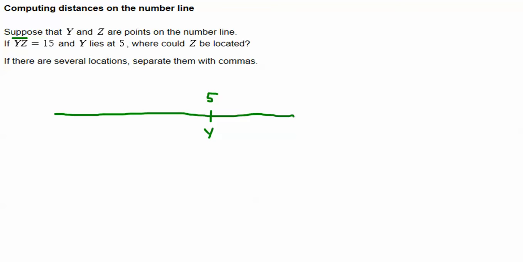So here's point Y, and Z obviously could be to the right, or Z could be to the left. So we're actually going to have two answers for where Z could be located. And we're going to separate those with commas. So Z could be 15 units this way.